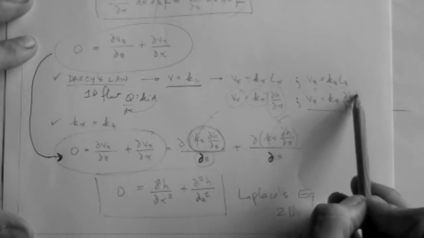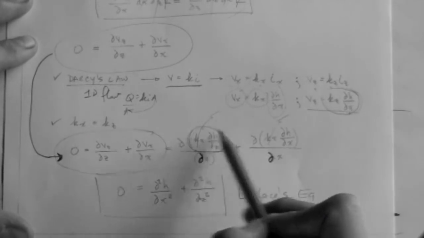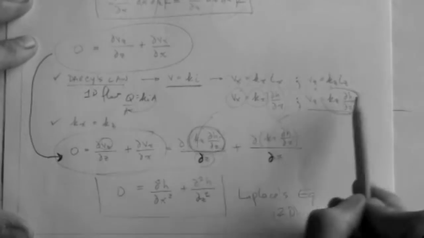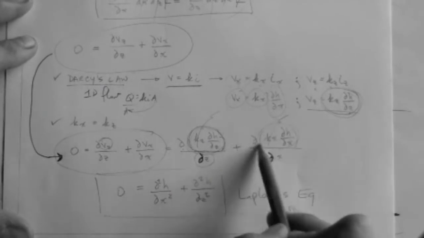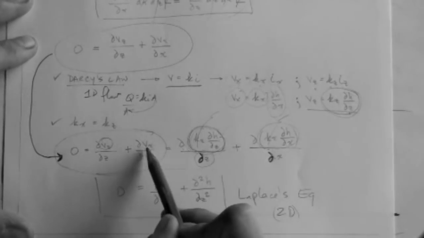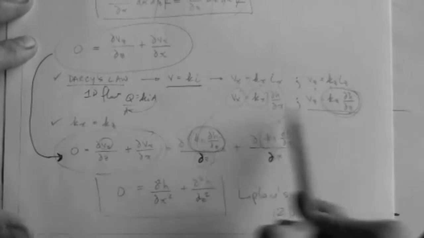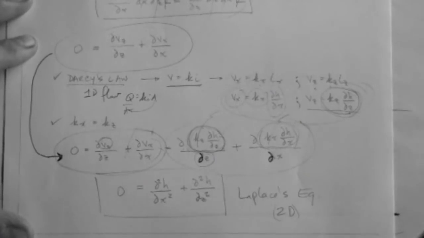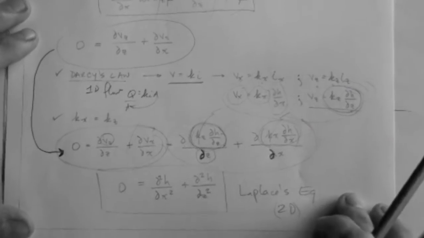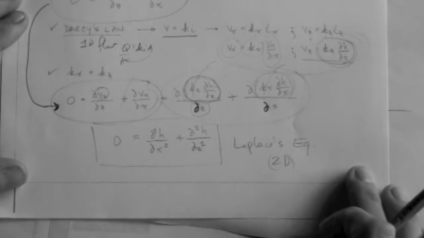This is Vz right here, and then here, Vx, partial of x. Combining this with the K and placing this in here, we can get that. Okay? Keep going.